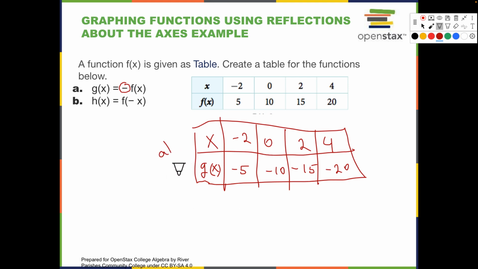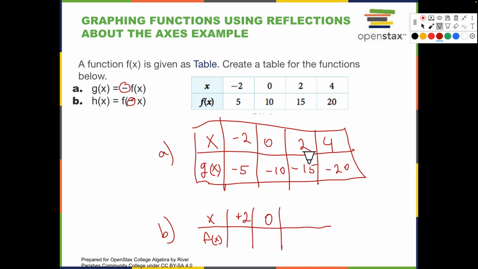So that's the A. For the B, where does the negative go? It goes on all the x's. And this is the one that's not backwards. You put a negative on each of the x's. So we have -2, that's going to become a +2. 0 doesn't change. +2 becomes -2, and +4 becomes -4. So the x's change.